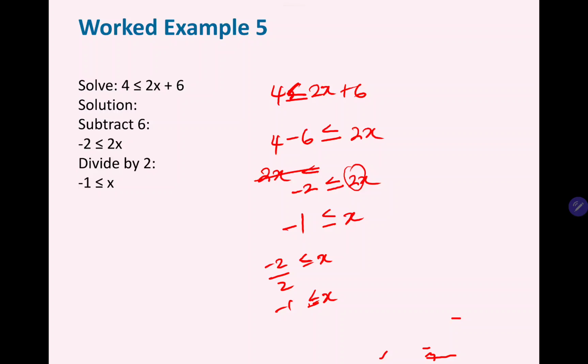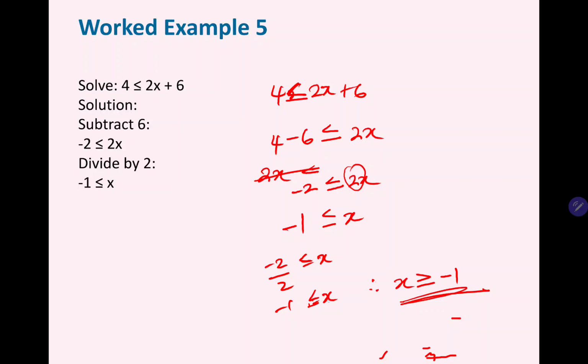Please note here that if I'm to bring x to the left hand side, it is the same thing as x is greater than or equal to minus 1. Don't get confused here. If minus 1 is less than or equal to x, it then means that x is greater than or equal to minus 1. Remember this, it is different.